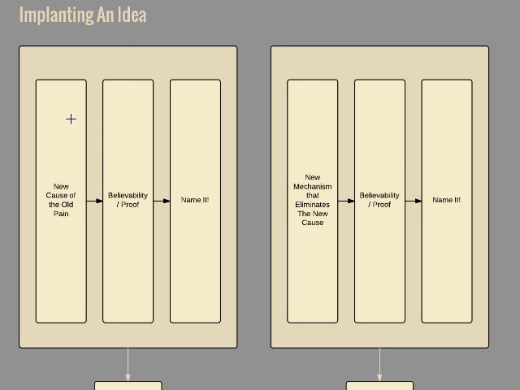The first thing I'm going to go over here is this block. It's written here, it says new cause of the old pain. So you have a customer, you have a product, and the customer has a pain. And if you watched the Power of One videos, I said narrow it down to one customer, one pain point, and then have one promise.